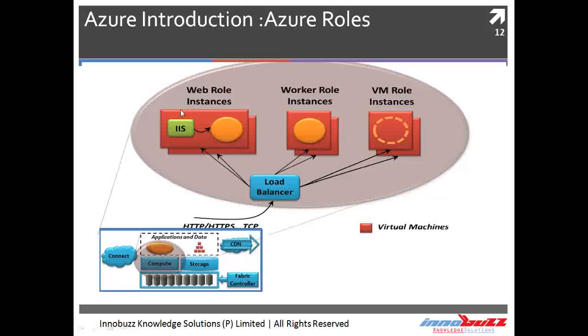You see the instances for the web role, instances for the worker role, and virtual machine role instances, and all are connected with the same compute, connect, storage, CDN, and fabric control. So it's all mapped over here with the HTTP and HTTPS or TCP traffic.